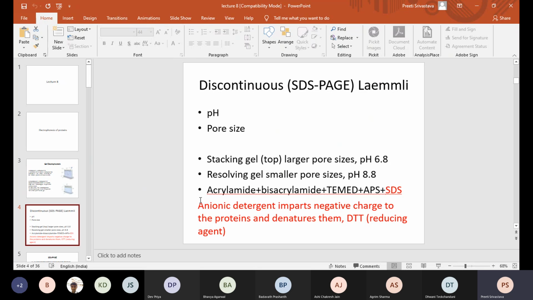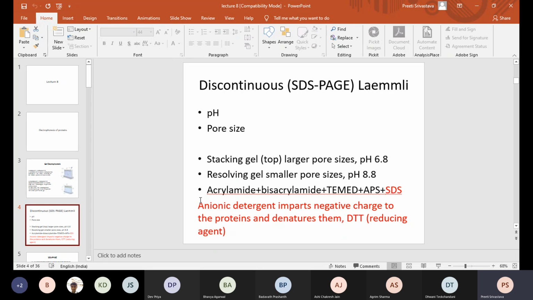So discontinuous gel electrophoresis or SDS-PAGE was discovered by a scientist called U.K. Laemmli in 1976, and he proposed that the resolution will be much better as compared to continuous gel electrophoresis if we introduce this discontinuity.